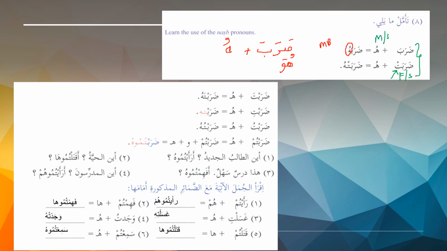So what is the structure now? When you attach daraba plus maf'ul bihi, what structure do you get? You get the ra ba with the fatha. So the fatha on the last letter of the verb is maintained, and you attach the maf'ul bihi damir "hu". So the fatha is maintained.